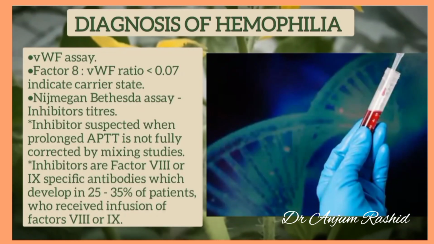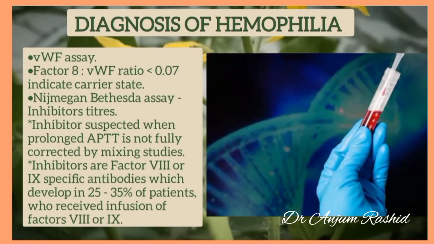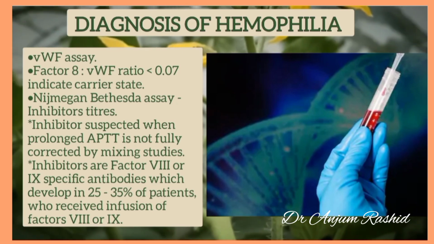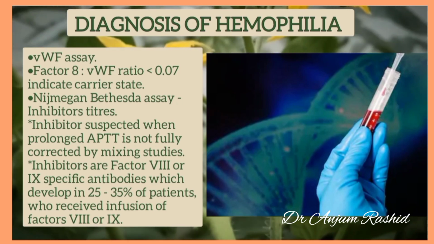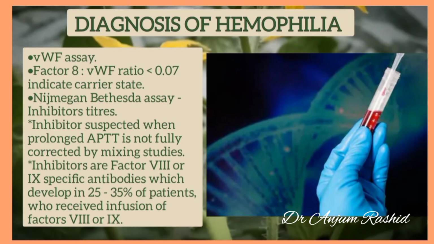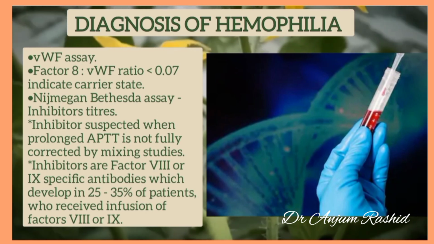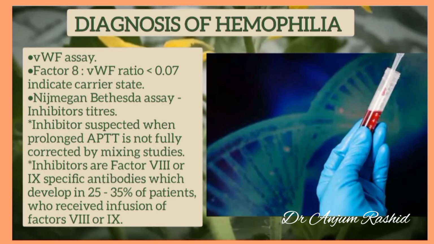Now, von Willebrand assay should also be done to rule out von Willebrand disease. Factor 8 to von Willebrand ratio less than 0.07 indicates carrier state. Now, Nijmegen-Bethesda assay is used to assess inhibitor titers. Inhibitors are suspected when prolonged APTT is not fully corrected by mixing studies.